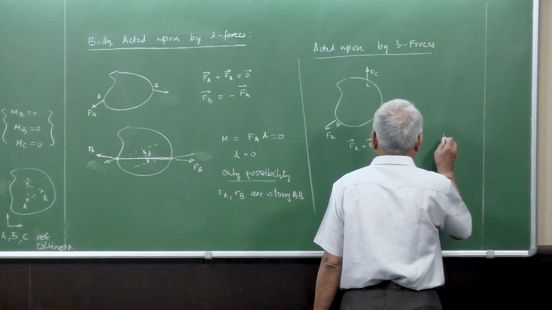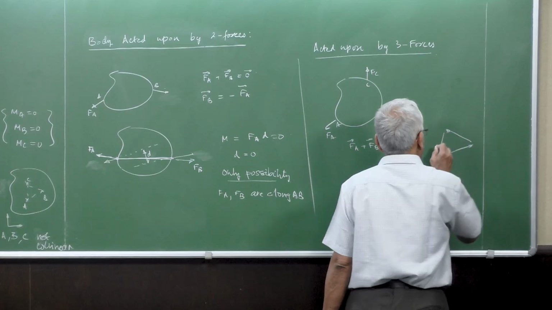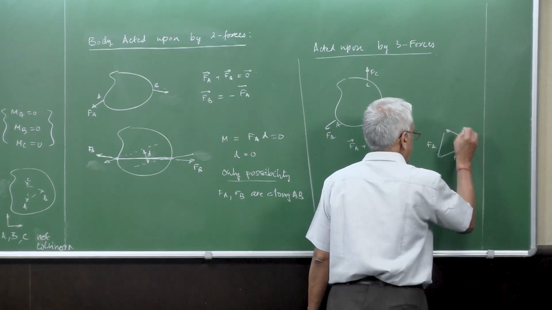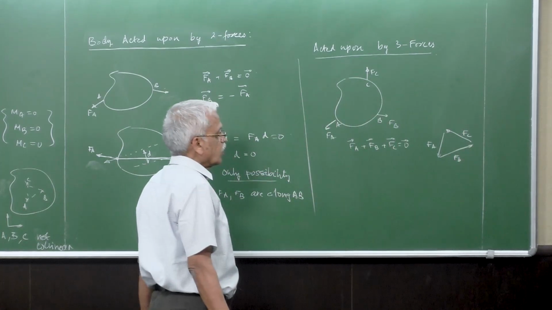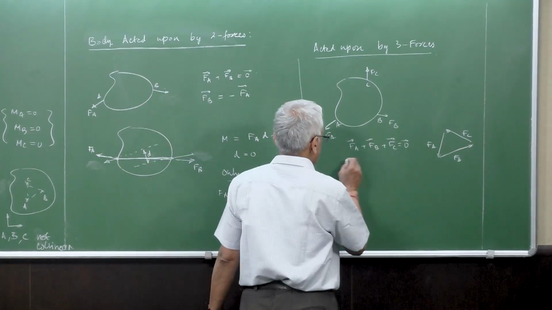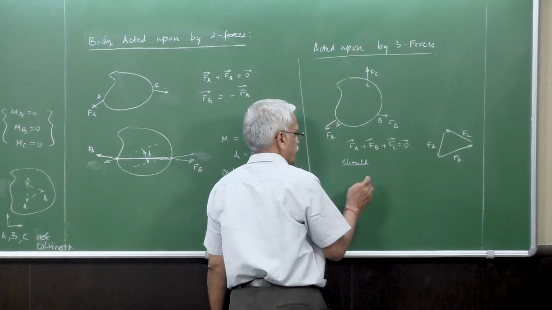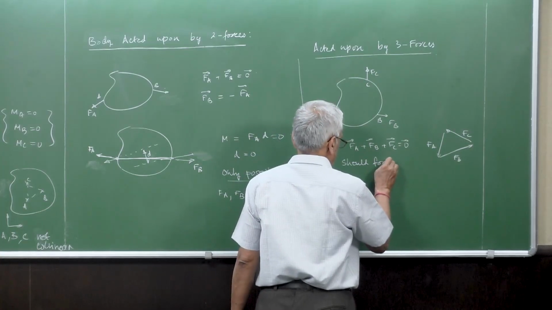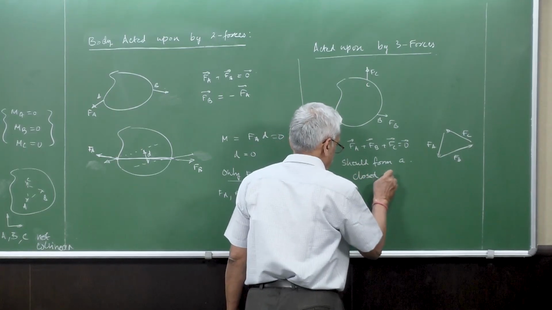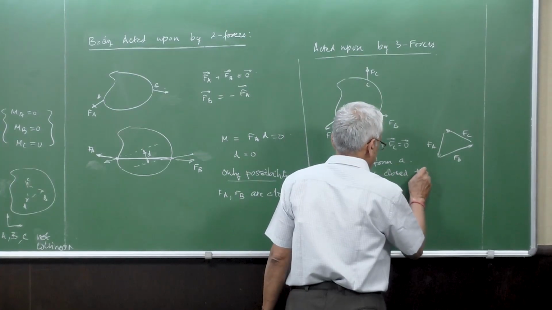If you have Fa like this and Fb like this, the three forces should form a closed force polygon. This is true for any case; here it is a triangle.